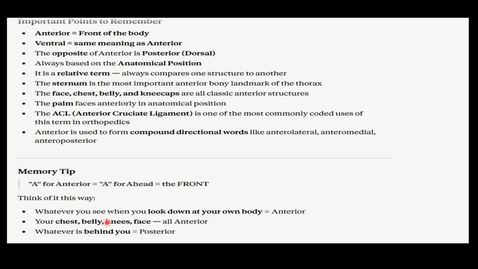Whatever you see when you look down at your own body, it's anterior. Like your chest, belly, knee, face, all are anterior, right? And whatever is behind you is called posterior. I'll show you in the next session what is posterior or dorsal. Clear? So I think this part is clear to all of you.